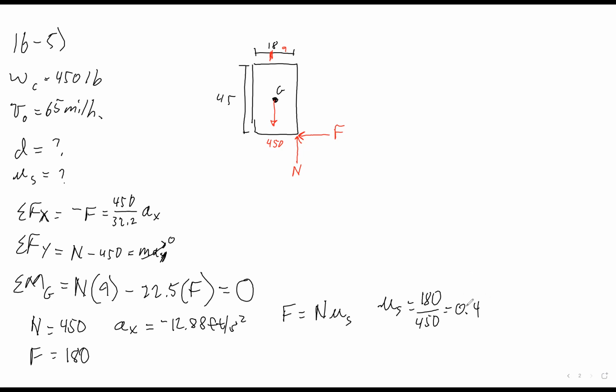Well, we at least got the coefficient of friction, but we still haven't found the minimum distance required to stop the truck. We just created the scenario where the truck is stopping and the crate is about to tip over, but doesn't actually tip over. And then we were able to find out also that the crate doesn't slip because we said it didn't slip, and mathematically, we found the coefficient of friction.